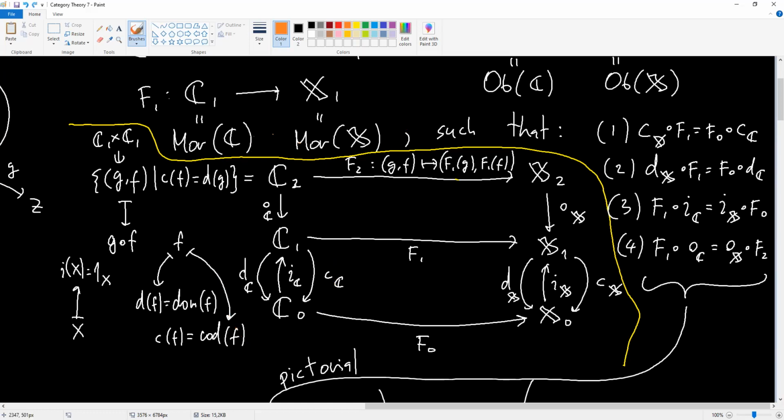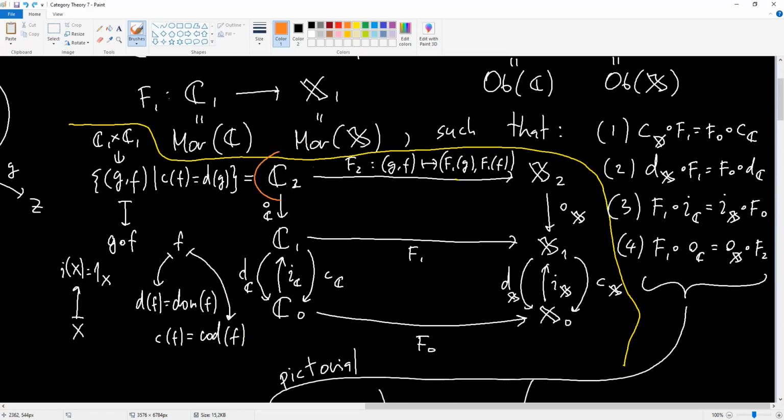At the moment, it's a diagram of collections of objects and maps between them. They're not even sets, because C1 could actually be a class in the sense of set theory. It doesn't have to be a set. But still, if I take the category of classes, where now the collection of objects is even larger than a class, I could maybe use this diagram to define what is a category inside a general category.